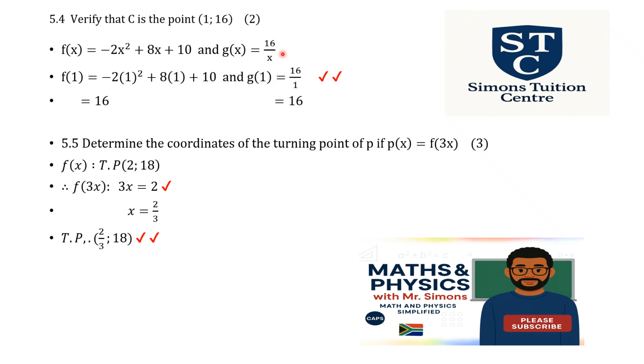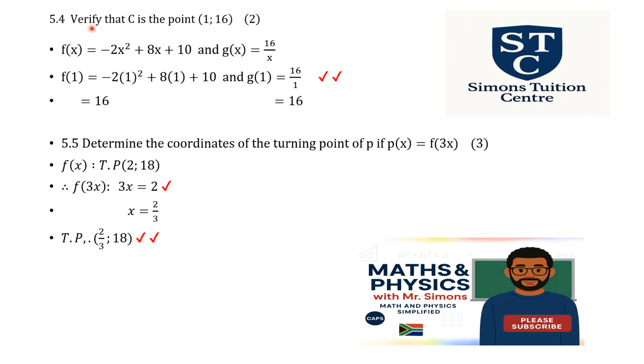Put 1 into g: 16 divided by 1 gives me 16. So for both graphs f and g, if I put in 1, I get 16. Therefore C is a point of intersection for f and g, (1; 16). Or I could have set minus 2x squared plus 8x plus 10 equal to 16 over x, but then I'm doing basically 5 marks of work and they're only giving me 2 marks.